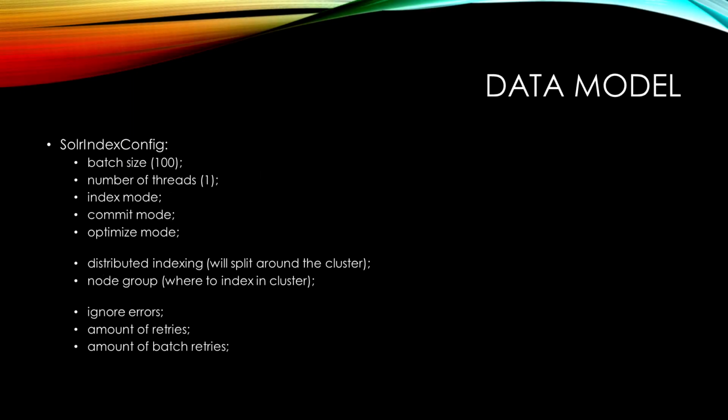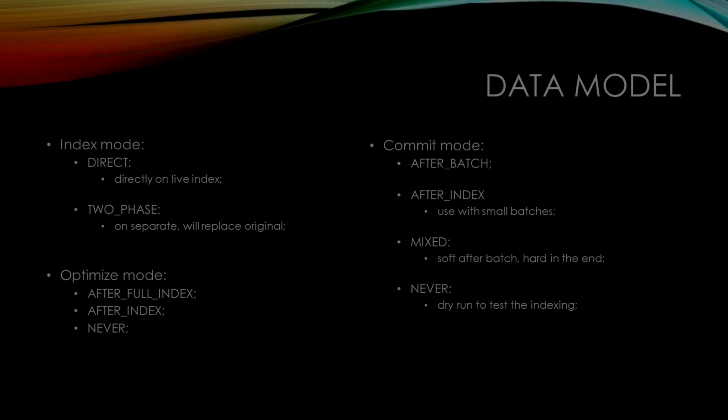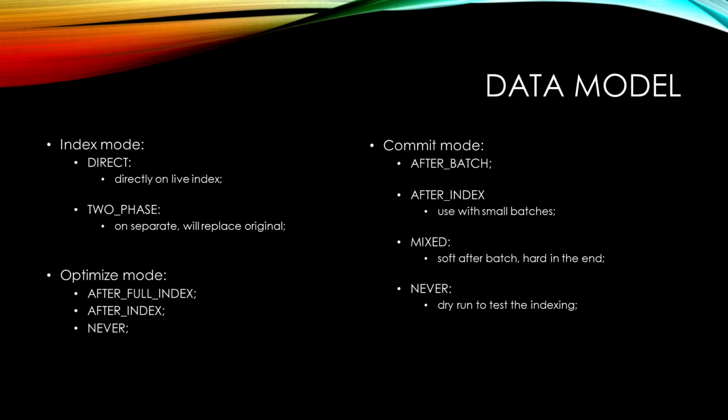Index process is configured at index config model. For full indexing, there are two modes: direct, which is done directly on live index, and two-phase, which is done on the separate index that will replace the main one.